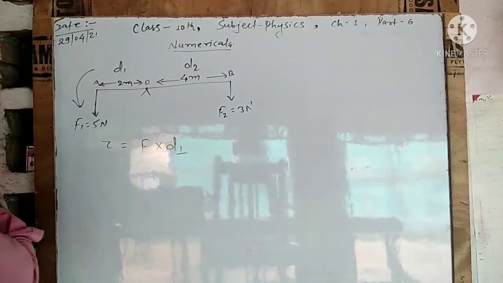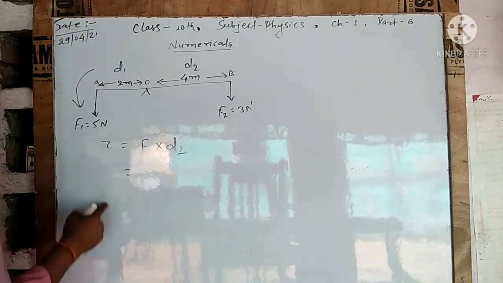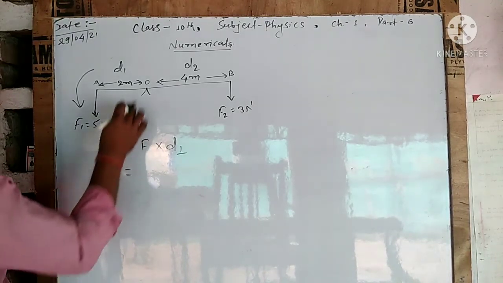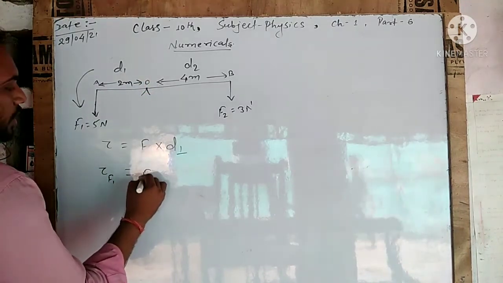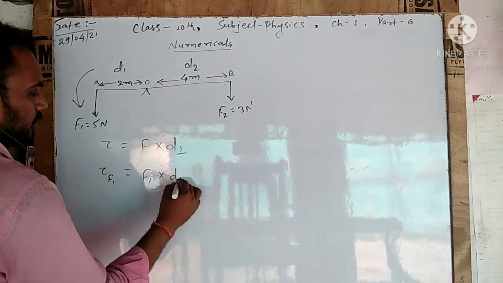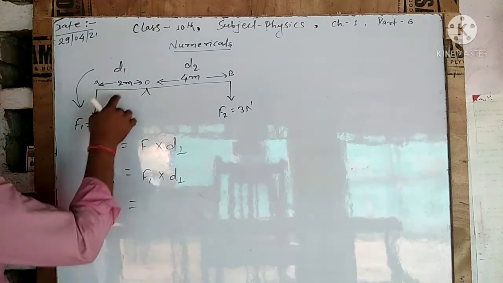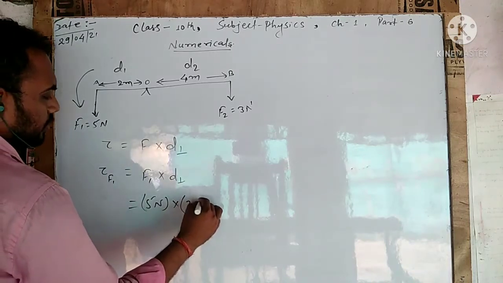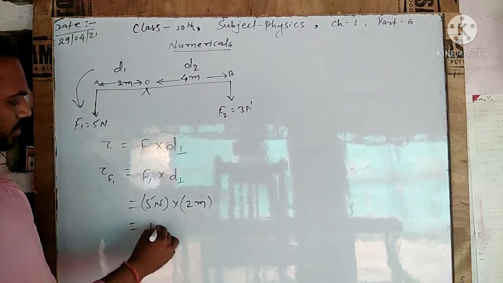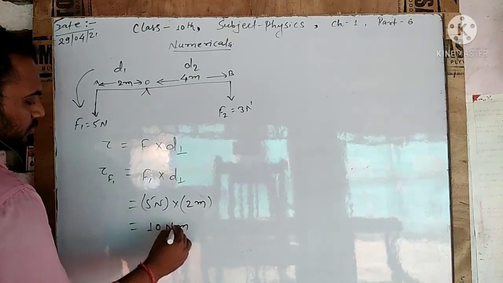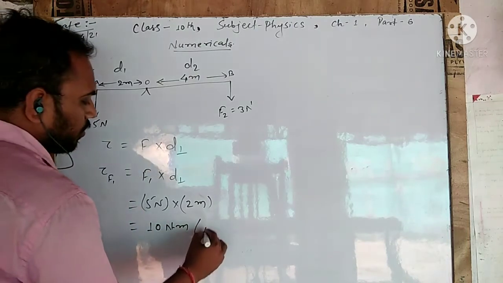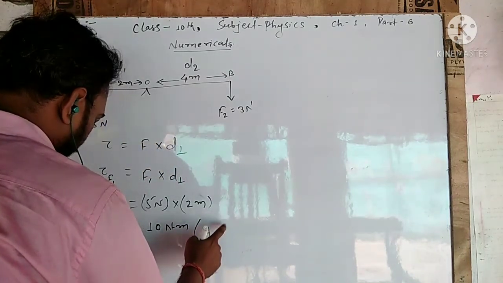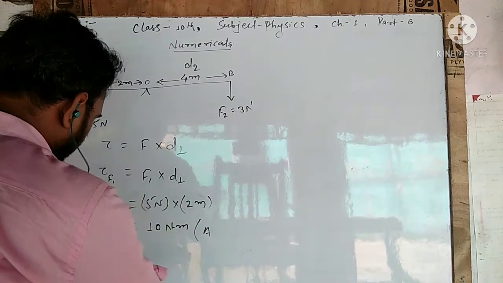So torque due to force F1 about O is equal to F1 into perpendicular distance d1. That is F1 is 5 Newton into 2 meter. That will give you 10 Newton meter, and that is anti-clockwise, as I have mentioned.